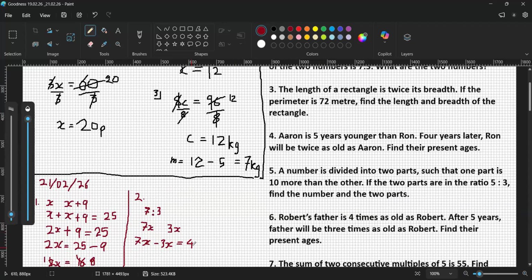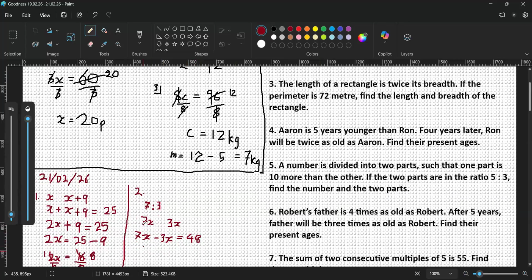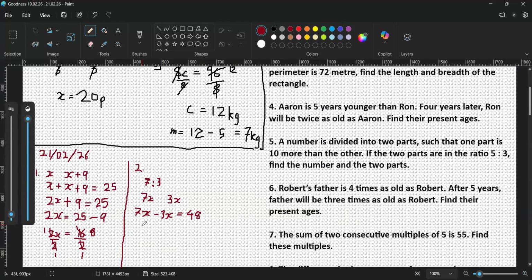Okay. So that means x, we will divide both sides by 4, which will be what? 12. Okay. Now we have found x. Does that mean we have found the two numbers?